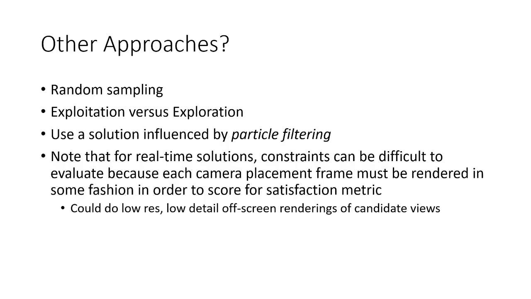So note that for real-time solutions, constraints can be difficult to evaluate because each camera placement frame must be rendered in some fashion in order to score for the satisfaction metric. That's really the big challenge: as you're considering these different hypothetical positions, you can't necessarily score them without evaluating them, at least to some degree.